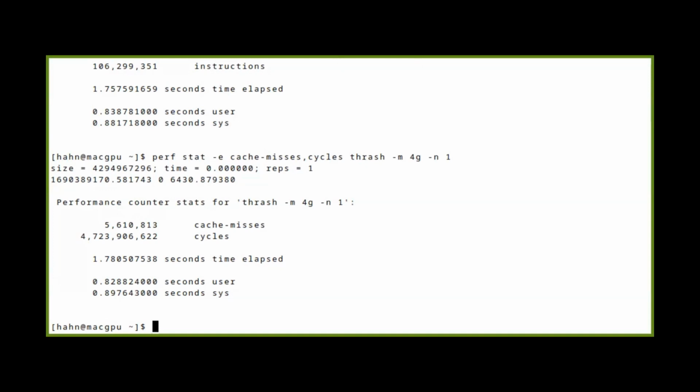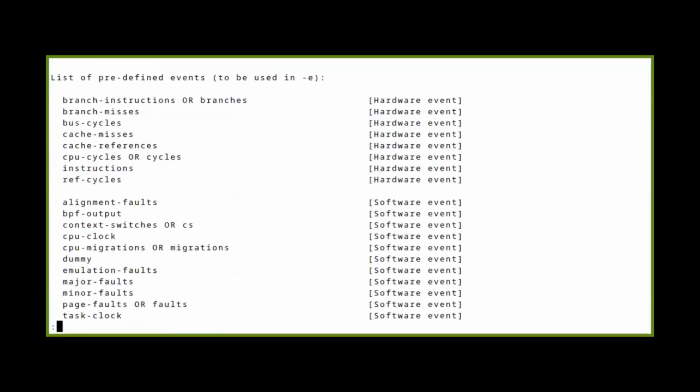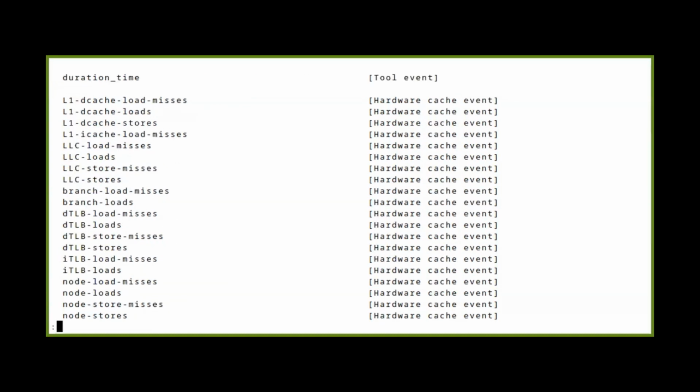perf is sort of a real rabbit hole if you want to follow all the detail that it provides, because some of these are generic and a lot of them are processor specific. So things like cache misses are meaningful across every processor.